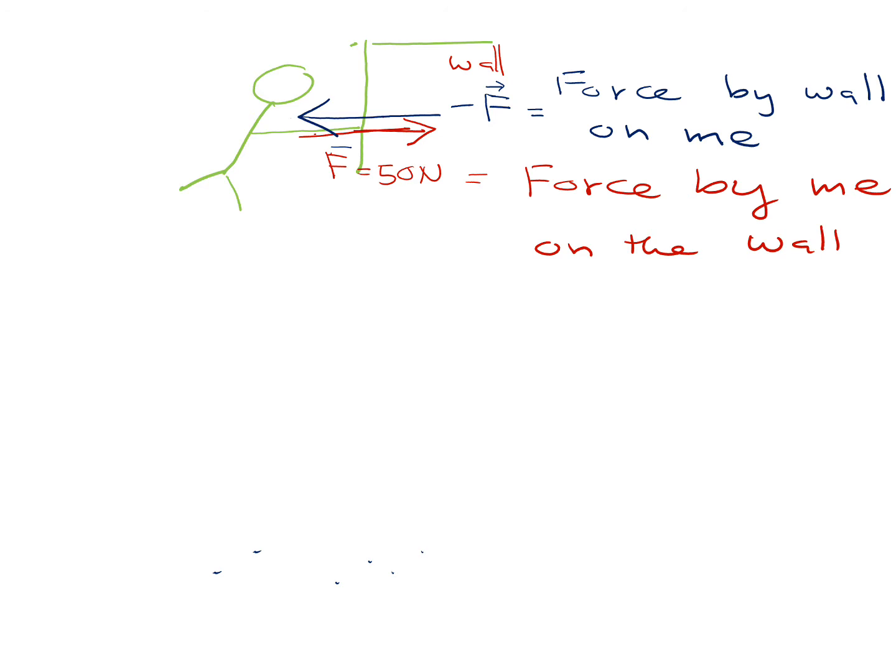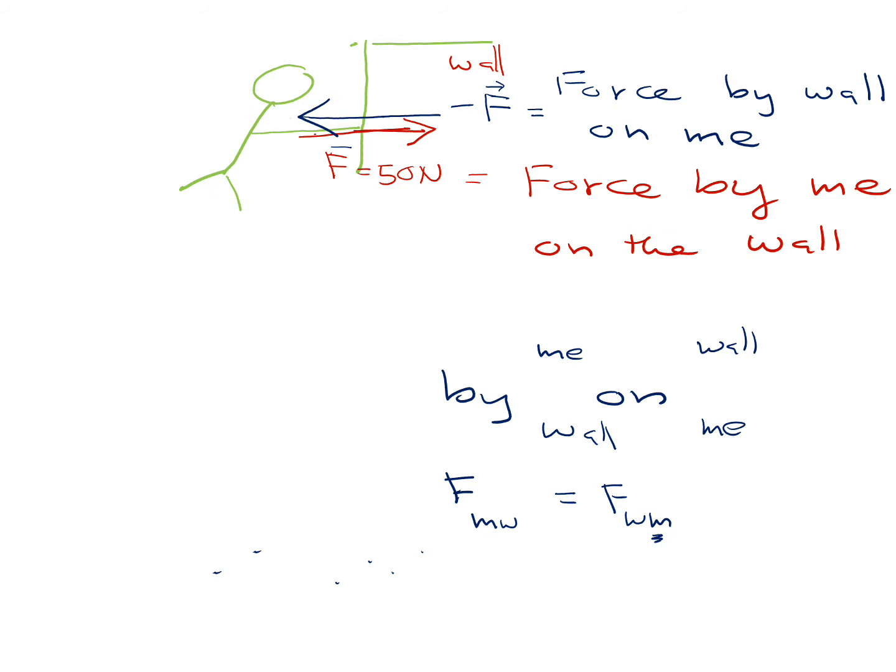By me on wall, or by wall on me. So I can write this force by me on the wall is equal to the negative of the force by wall on me.